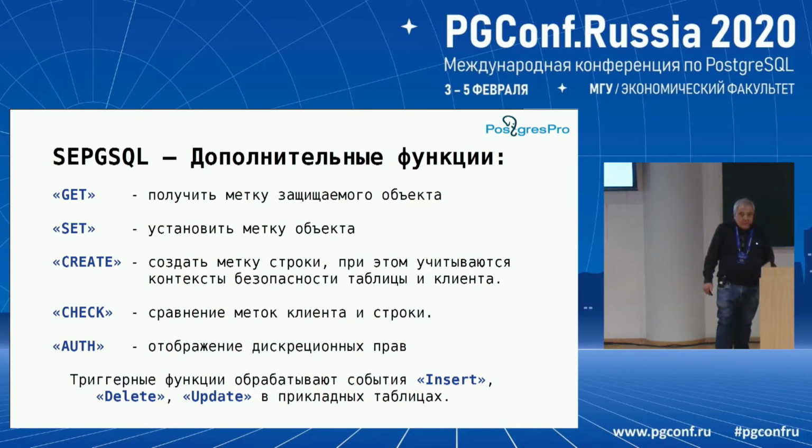Storage of labels turned out not to be enough. Dozens of functions appeared, separated by types, classes, you name it. Get the label of a protected object. If you write a request each time for that, it is very tiring.